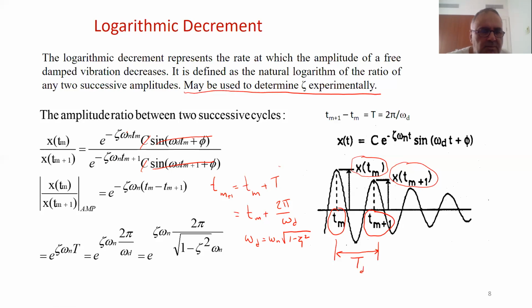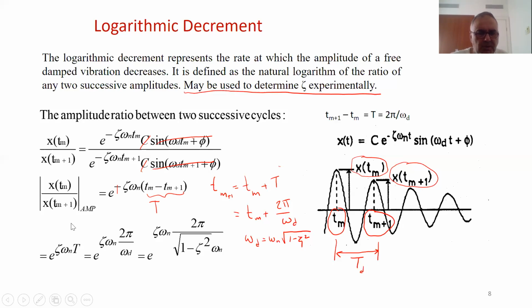You are going to be left with these e to the something terms. You can subtract the exponents from each other since they are a division. It is Tm minus Tm plus 1, but there is a minus here, so it becomes a plus and this becomes a T.